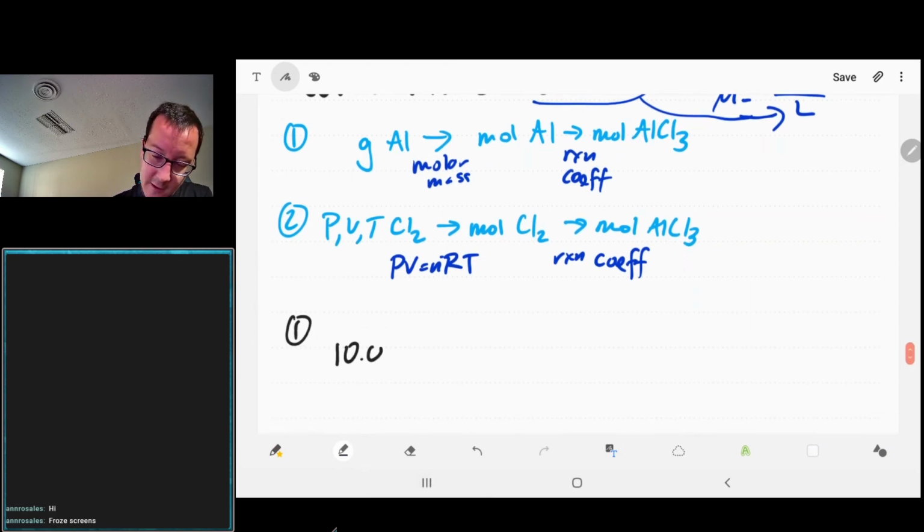So for number one, we're taking our 10 grams of aluminum. I need to look up its molar mass. Aluminum has an atomic mass of 26.98, okay.